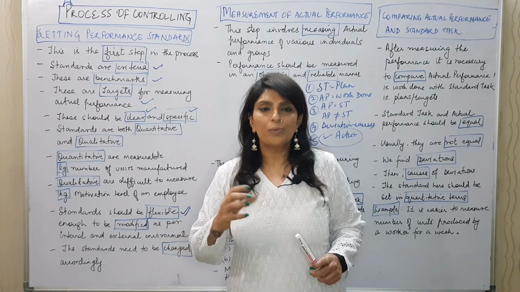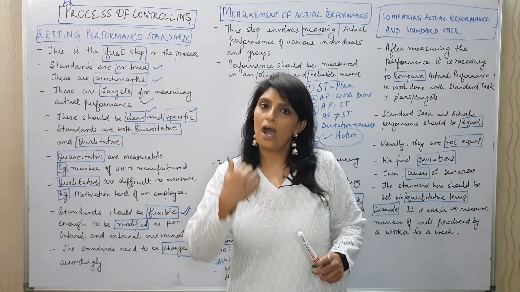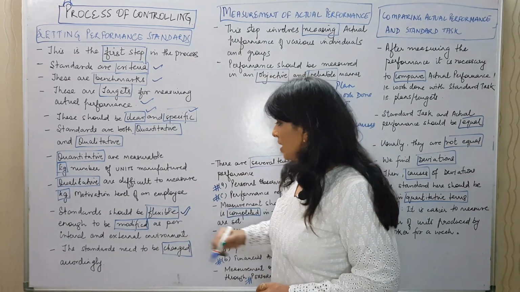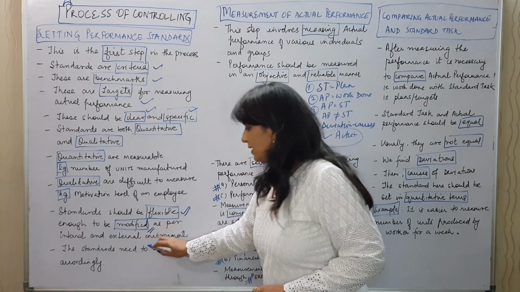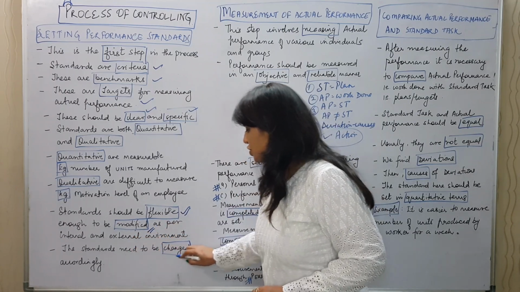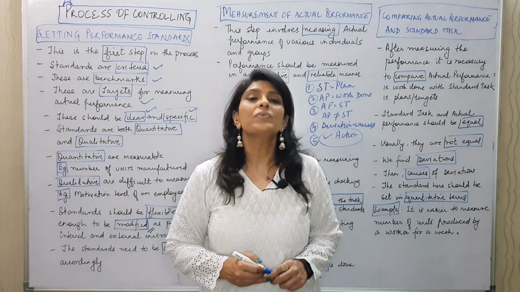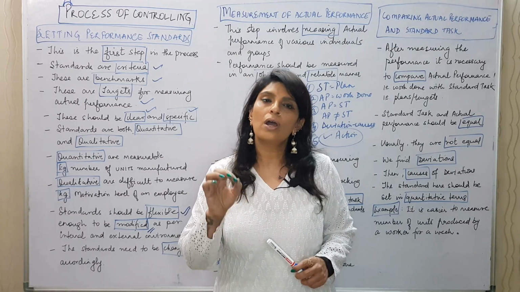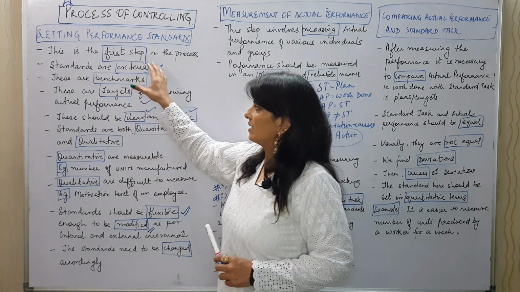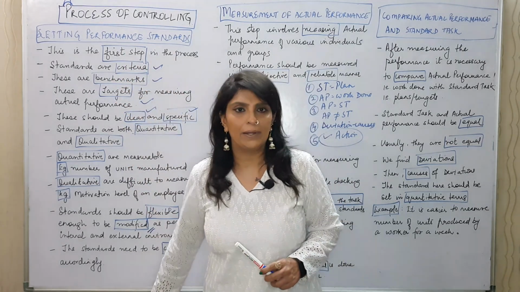So the standard should be flexible enough to be revised either upward or downward, and modified as per the internal or external environment. Standards need to be changed accordingly. This is what a standard is according to controlling, and this is what we have to keep in mind when we try to set the standards.